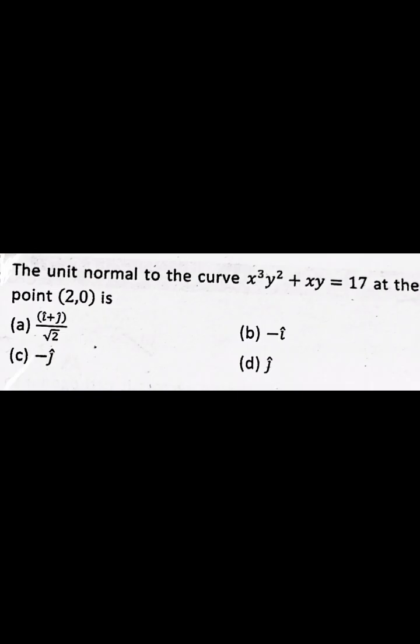The next question is, the unit normal to the curve x cube y square plus xy equal to 17 at the point 2, 0 is dash. We know phi is equal to x cube y cube plus xy minus 17.